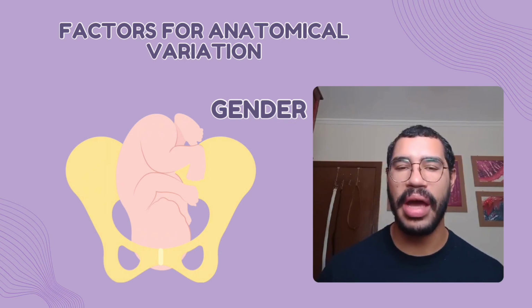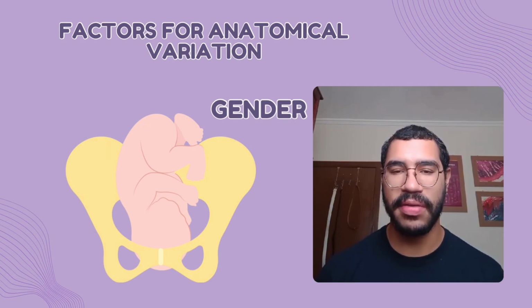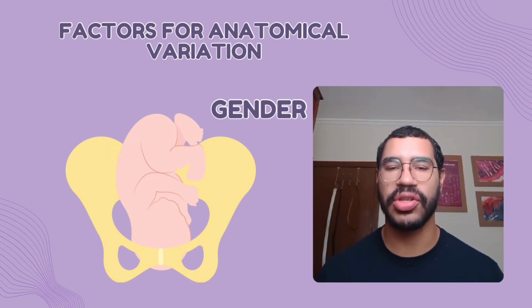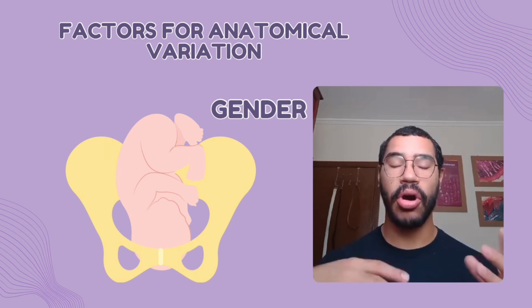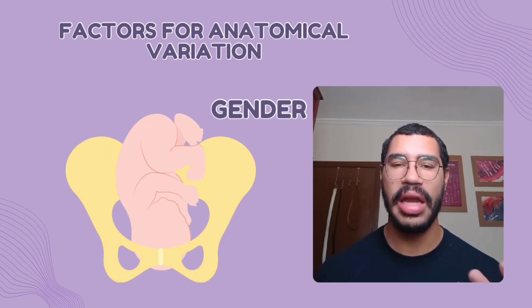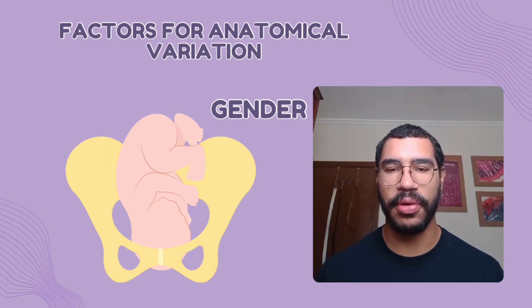Both female and male pelvis are responsible for some support and protection and anchorage for some structures down below, but only the female pelvis is responsible for pregnancy and is also present, of course, during the birth process.